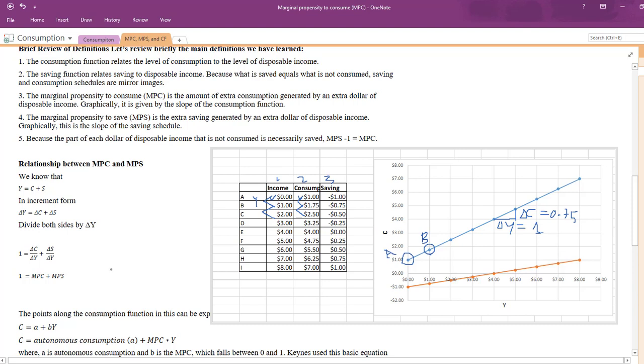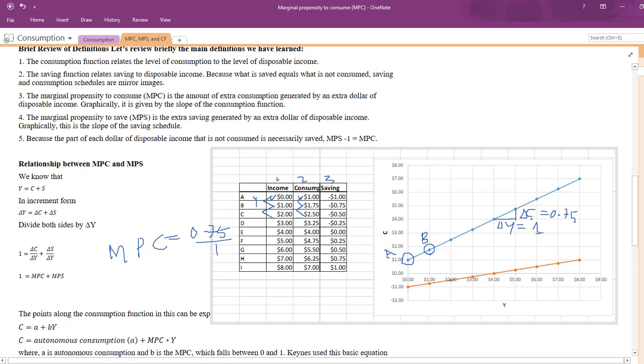What is the value of MPC? Therefore MPC is equal to 0.75 divided by 1, so MPC is equal to 0.75.